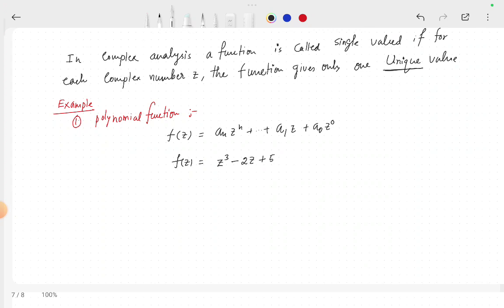Okay, so for each z value we get a unique f of z value for this polynomial function. So this is an example of a single valued function.